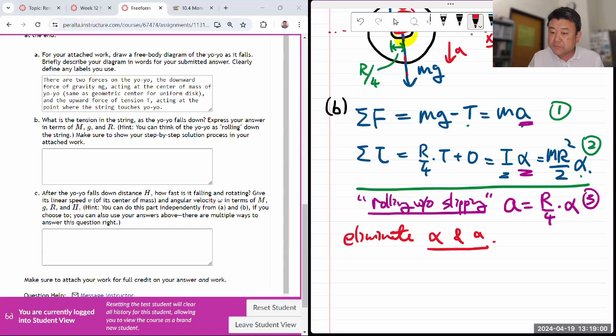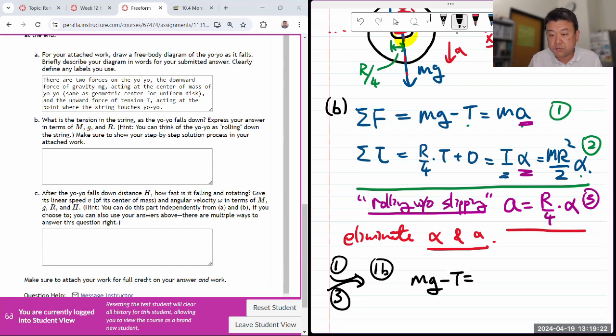So let me do this. Since I have an expression already solved for acceleration, let's plug this into 1 to eliminate acceleration from my expressions. So this is coming from 1 and 3. You end up with what I'm going to call 1b: mg minus T is equal to m times r over 4 alpha.